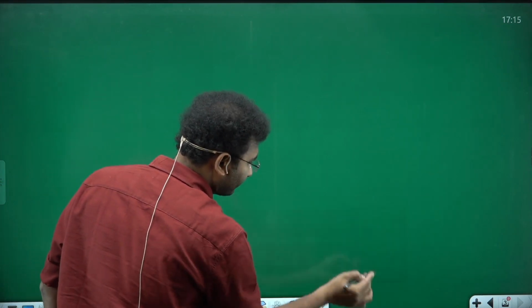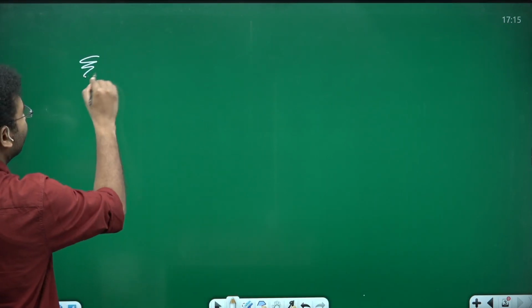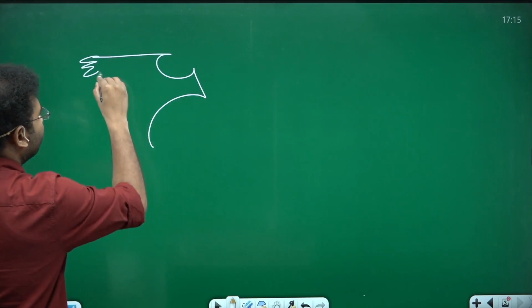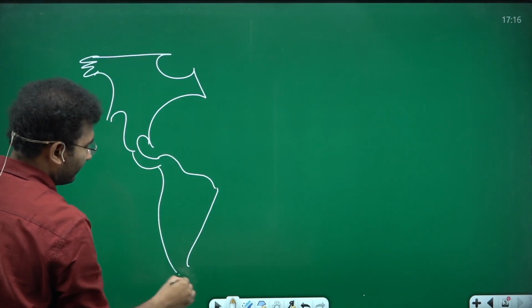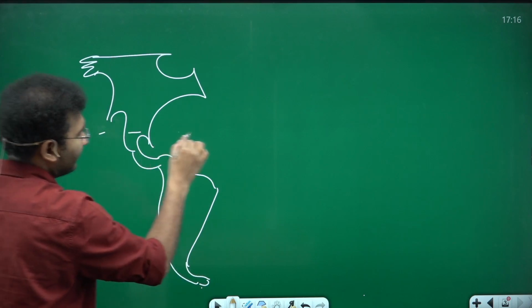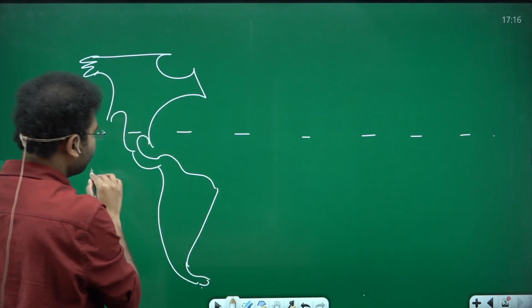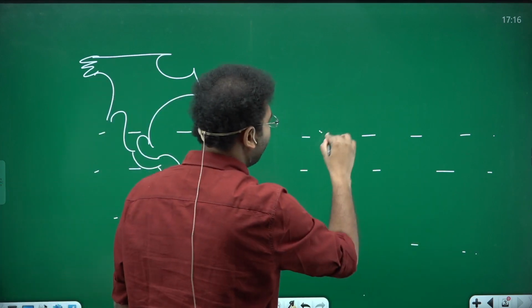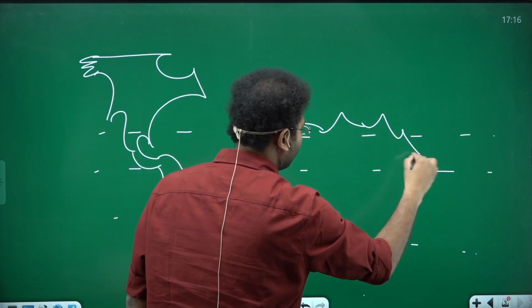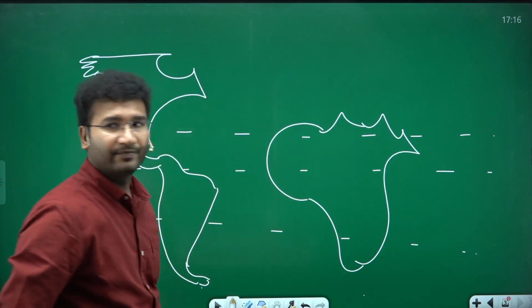How to draw it? Just take some transparent sheets, and you are supposed to use the transparent sheets and then try to draw as many times as possible. You have to draw the map as many times as possible, right? So this is how you will be learning to draw the world map.